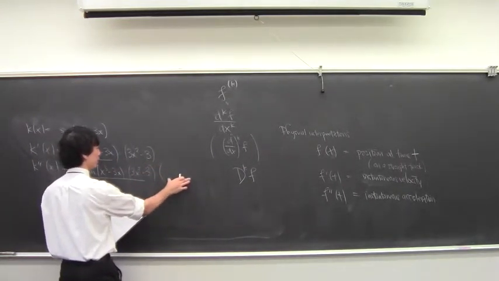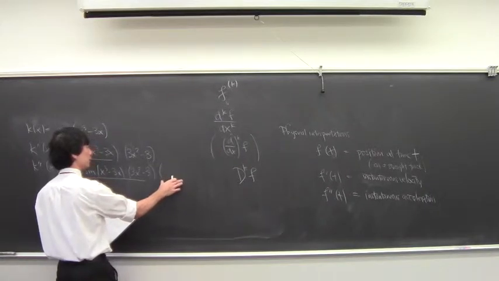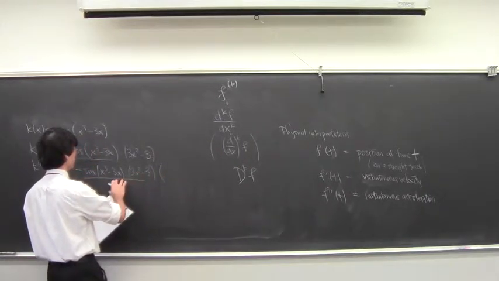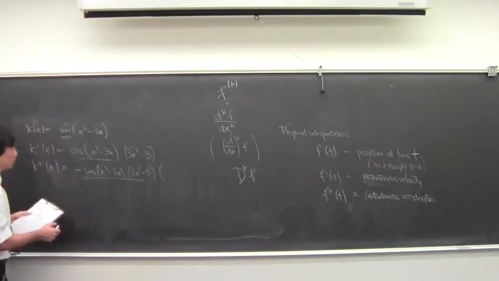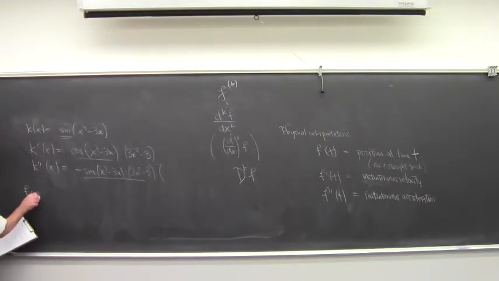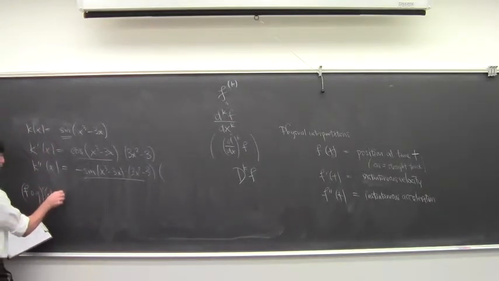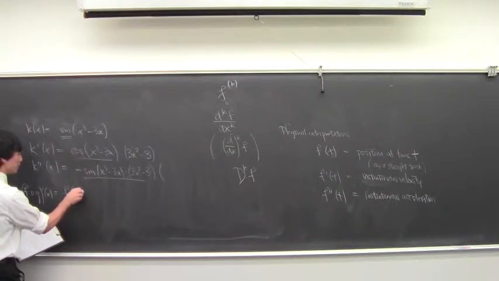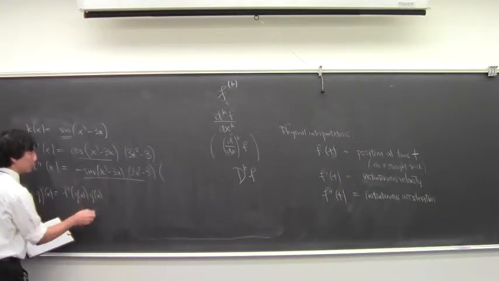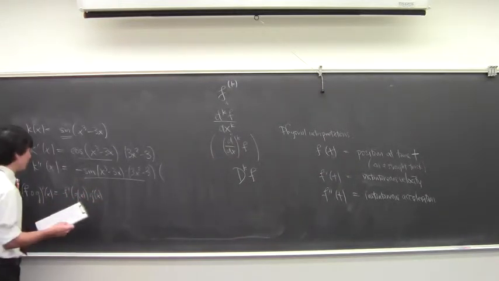Yeah. Why do you get the 2x minus 0? Because don't you have to differentiate the 3x squared minus 3 as well? Or no? No. That would just stay the same. Yeah. So remember, when you differentiate a composition, you just take f prime of g of x times g prime of x. Okay.